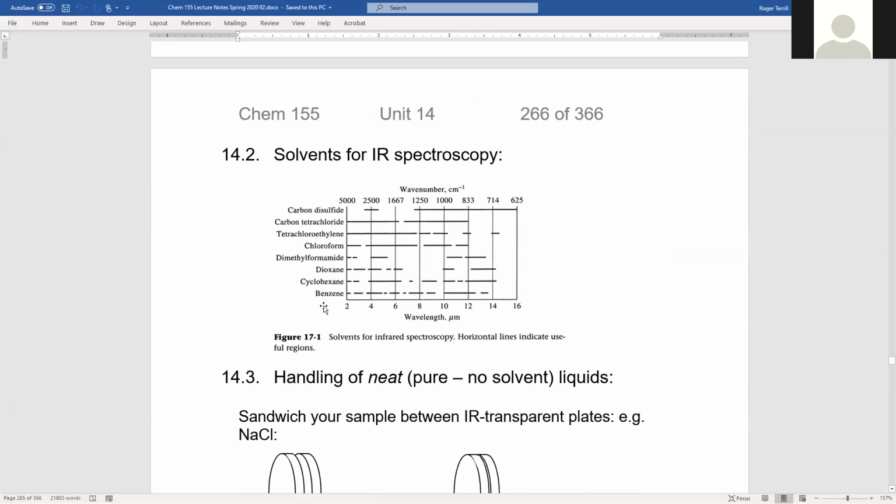The horizontal lines show where these solvents are transparent in the infrared, and you can make a solution and get a spectrum, for example, of tetrachloroethylene in this 1200 to 5000 range. This is not very common, but I'm sure it works. I have never done it personally.